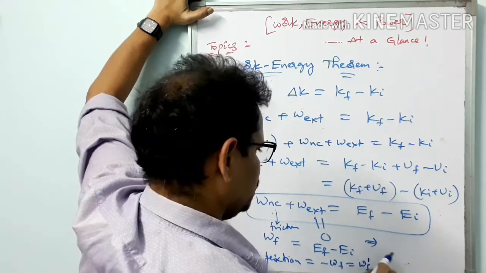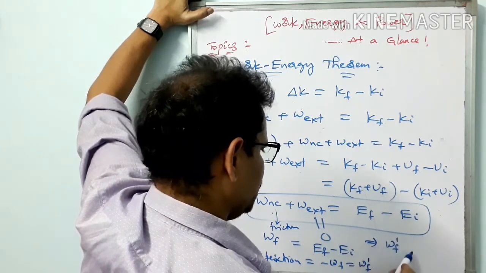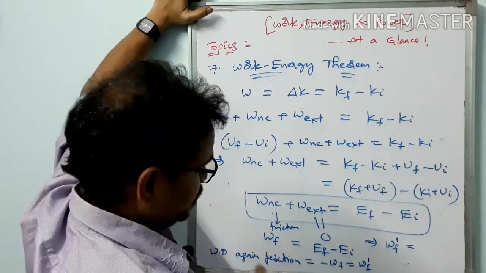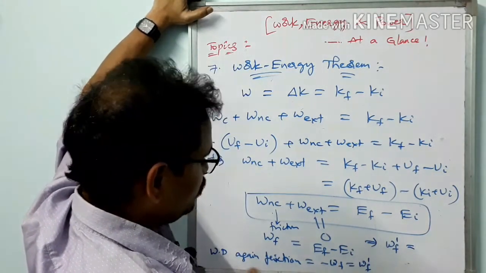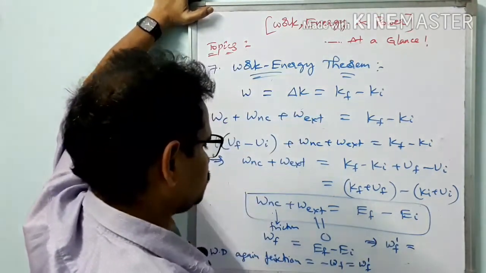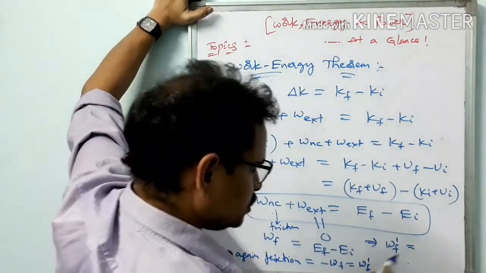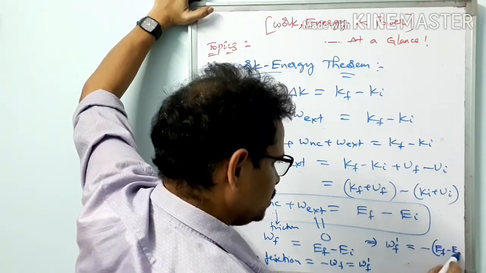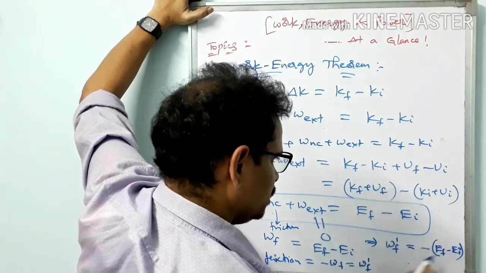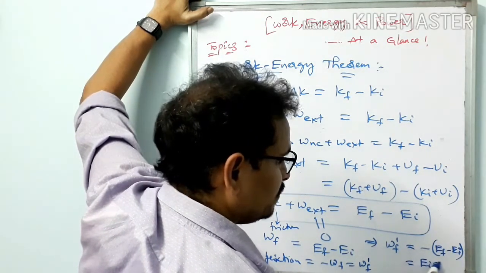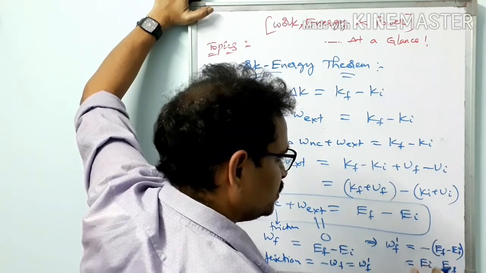Let us write like this: WF is the work done by friction, and WF dash equals the work done against friction. So work done against friction equals how much here? It is minus of this one, no? So minus of Ef minus Ei, so this equals Ei minus Ef.